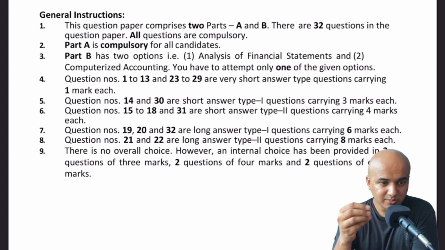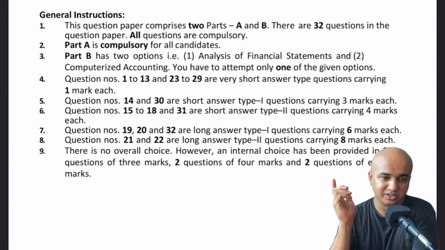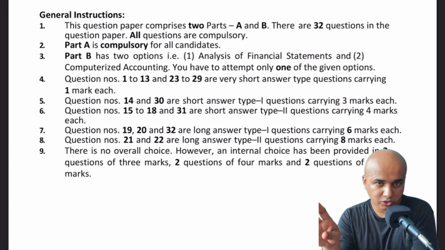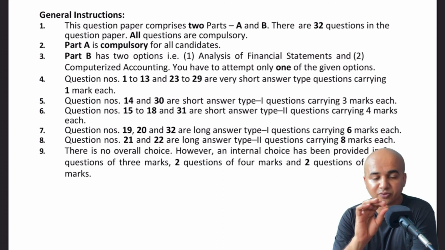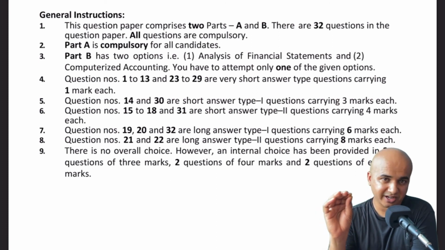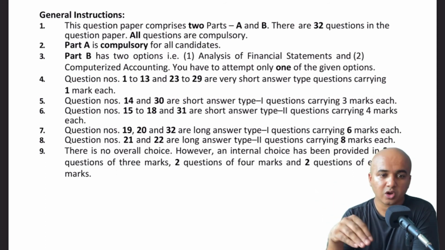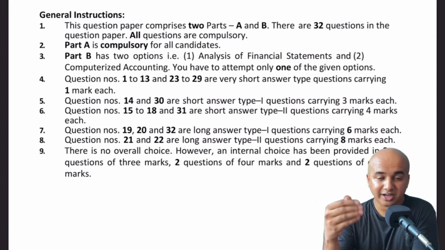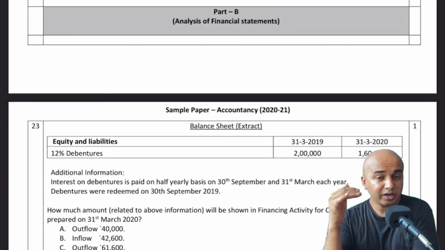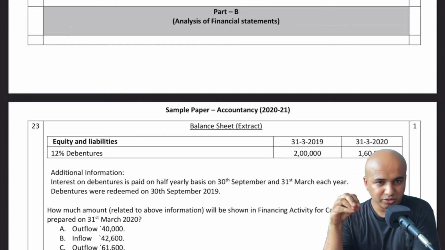Then question numbers 19, 20 and 32 are long answer type questions carrying 6 marks, and question numbers 21, 22 are long answer type 2 questions carrying 8 marks. So there is no overall choice. You have to come prepared for all types of questions, whether very short type, long, or long type 2 questions.